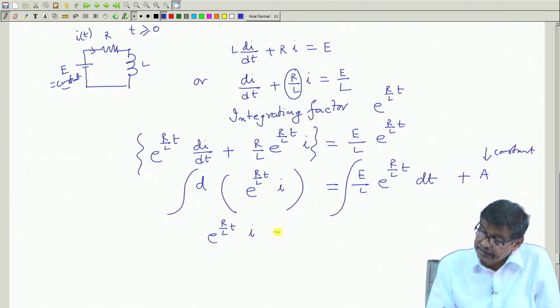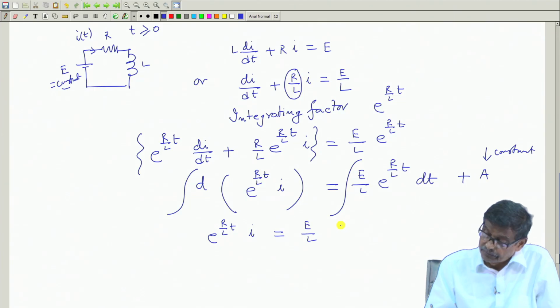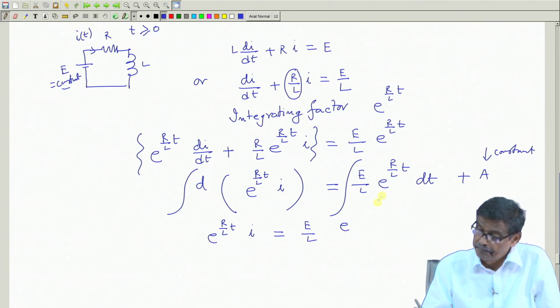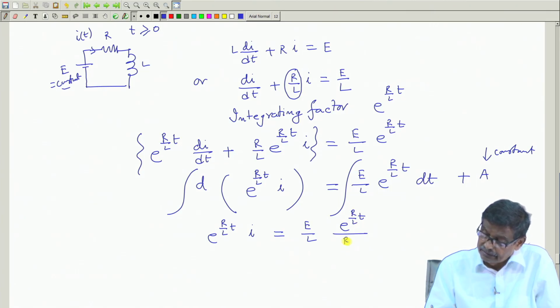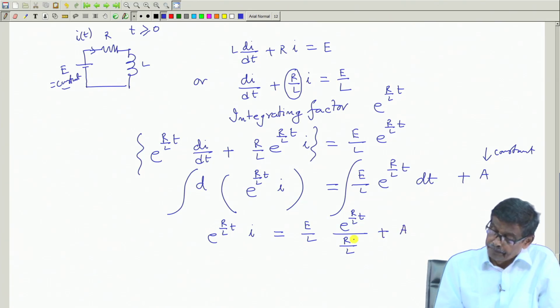and on the right hand side it will be E by L, which is constant, and the integration of this one is e to the power mx by m. So, it will be e to the power R by L into t by R by L. This will be the thing plus A, of which this L goes.